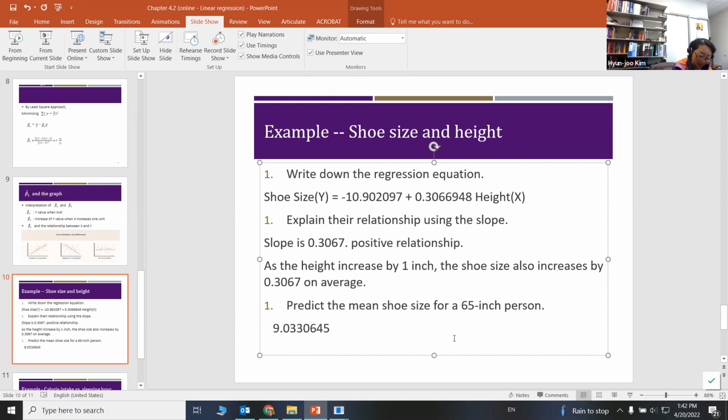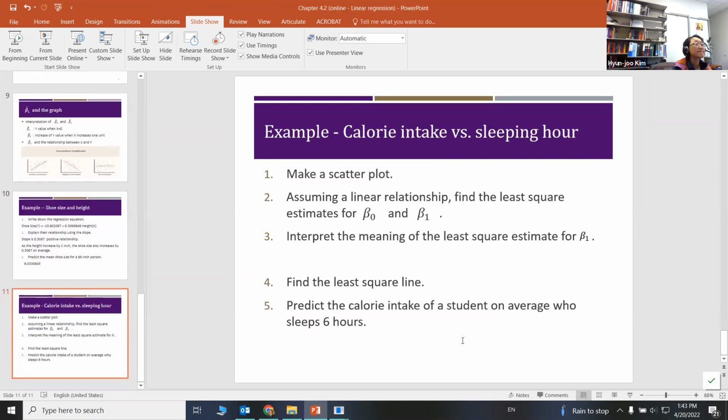Okay. We're going to do one more example in the same data set. This time we're interested in calorie intake and sleeping hour. So basically what I want to look at is, there's either a myth or theory that if you sleep a lot, you're going to tend to have less calorie intake or something like that, right?